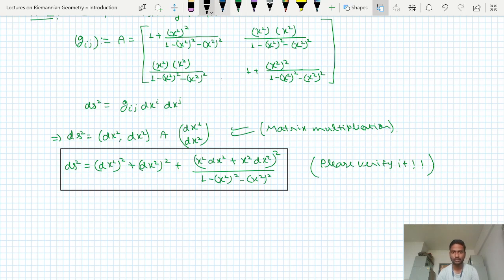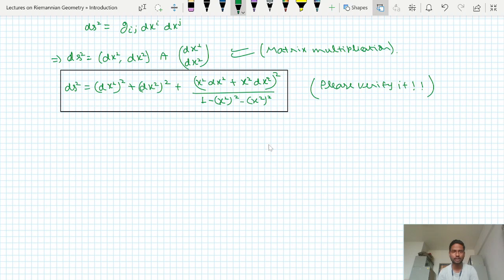Okay. So this is for the two sphere, but you can write it for the n sphere. Just by looking at it, you can see how this will look for the n sphere.